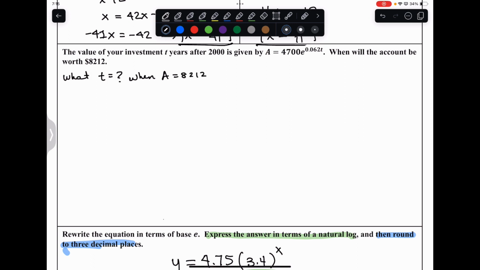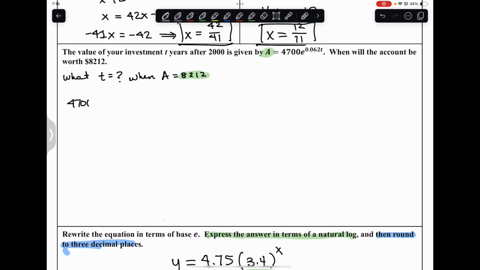So we're going to replace the A with 8212 into this value, and we get that 4700 e to the 0.062t equals 8212. We'll solve this equation by first dividing both sides by 4700.